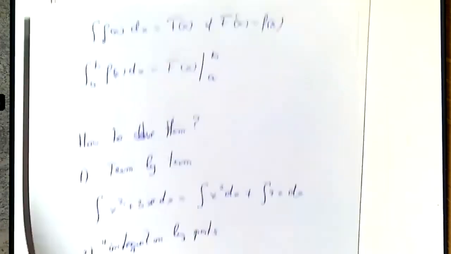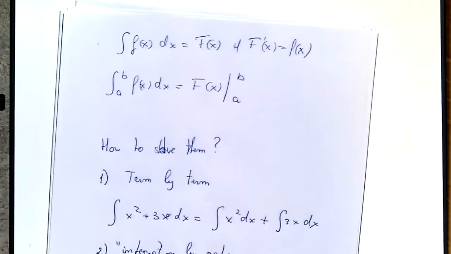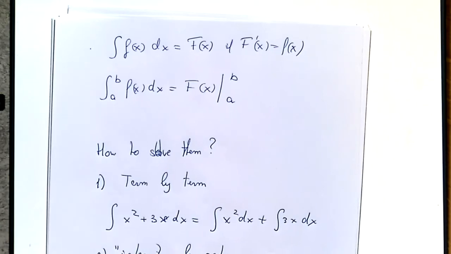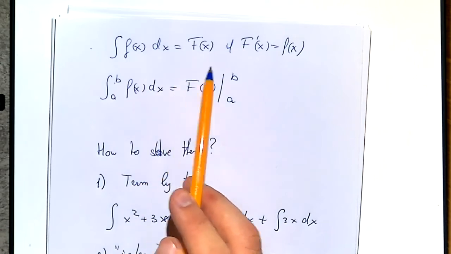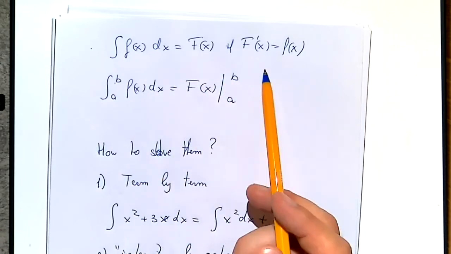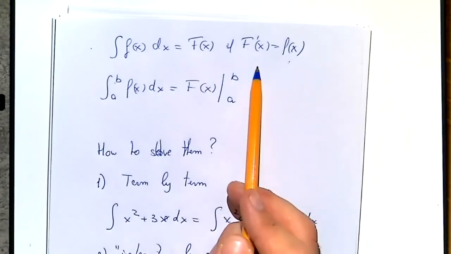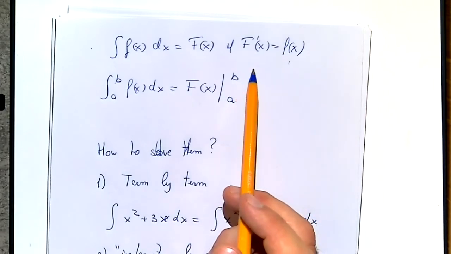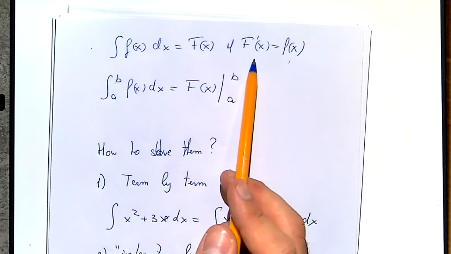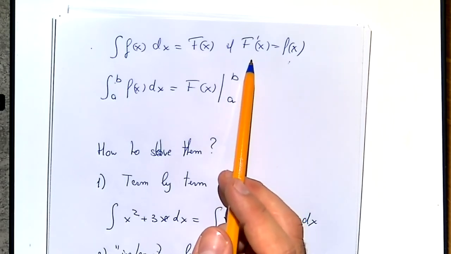Okay, so a fast run-up. What you learned up to this point is that the integral of small f of x dx is equal to big F of x if small f of x is the derivative of big F of x, in which case big F of x is called the indefinite integral, or antiderivative, or primitive.